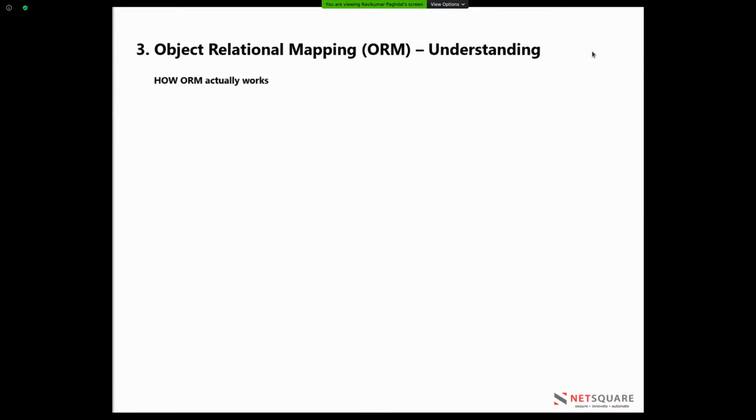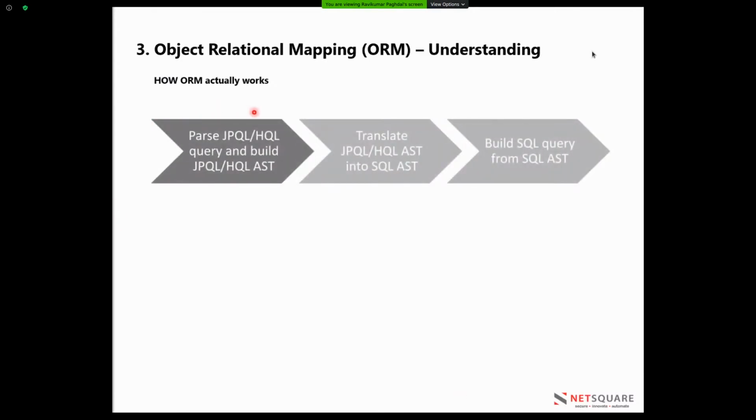So in ORM, how does it work? If you put your query, like I provide the Java based queries like JPQL and HQL. HQL is nothing but Hibernate Query Language. In ORM, you can build this query and pass it to the application, which will parse the JPQL or HQL query and build a JPQL and HQL AST.